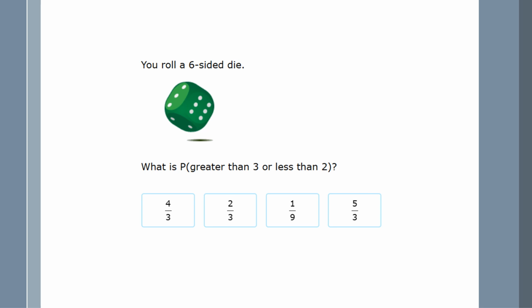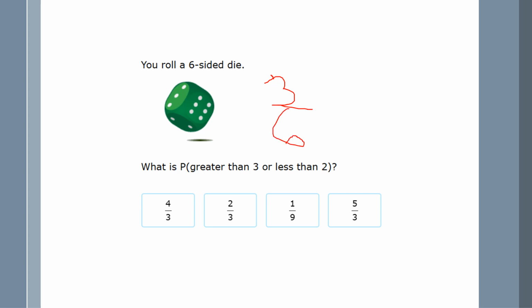You guys, try this one on your own, and let's see what's up. What's the probability of it being greater than 3? The probability of it being greater than 3 is 3 out of 6.